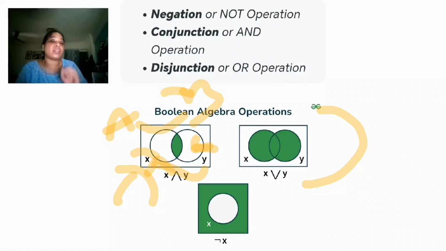But what De Morgan's theorem says is: A is false or B is true, whether A is true or B is false. You can take any one decision.